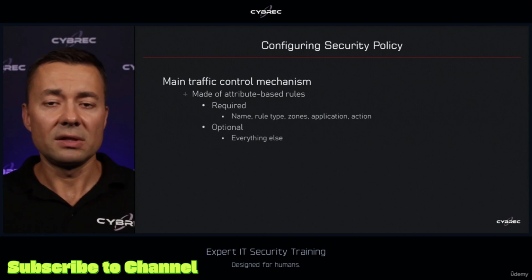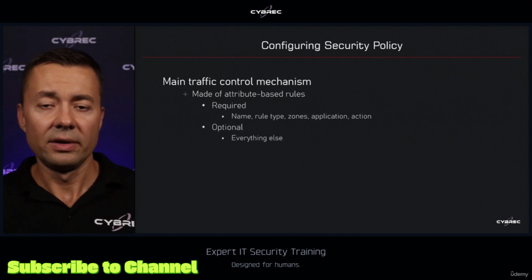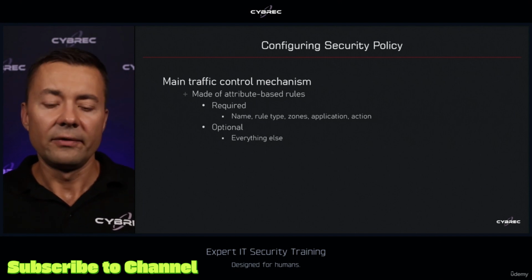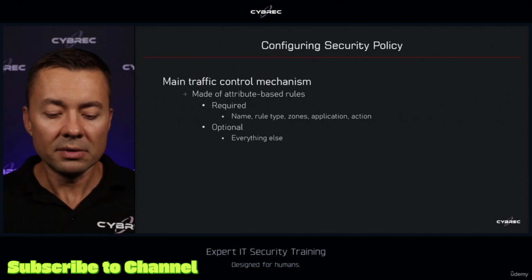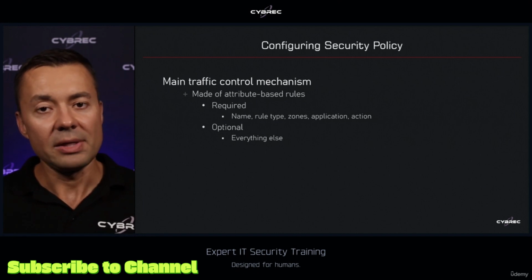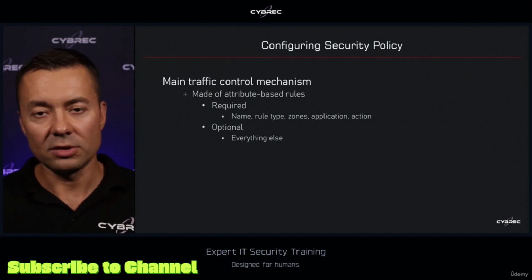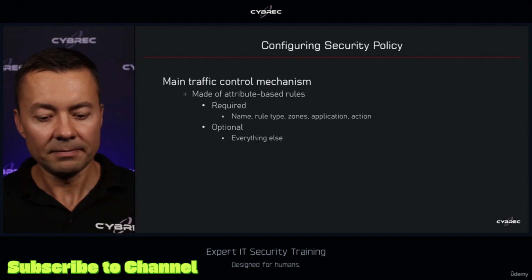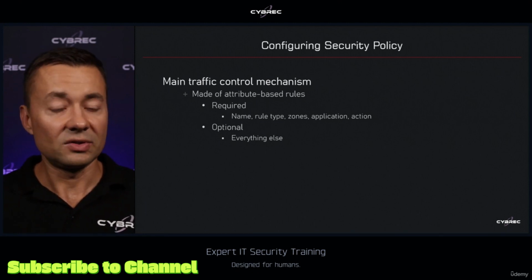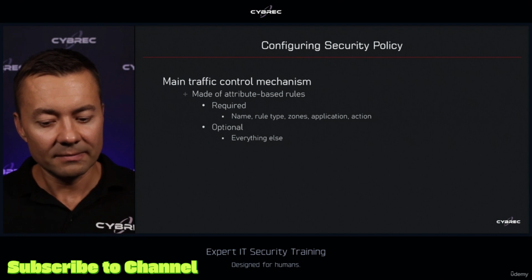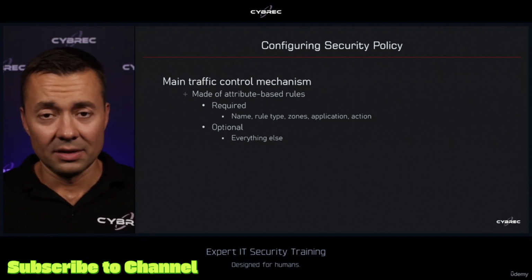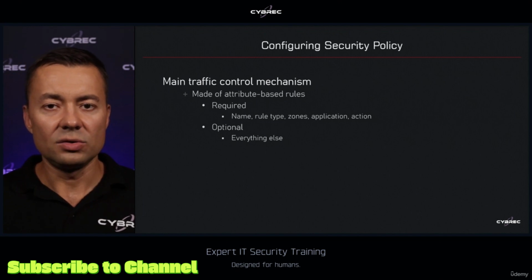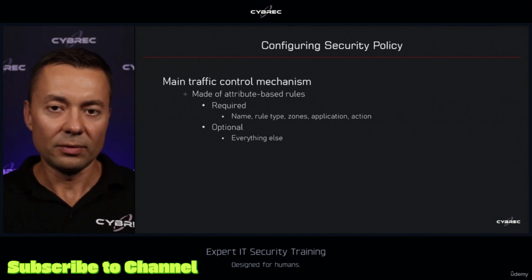Attributes can be broken down into two types: required and optional. Required attributes include the rule name, rule type, intrazone versus interzone versus universal, security zones for the source and destination, and application and action. So this is something that you need to specify when you configure a rule.